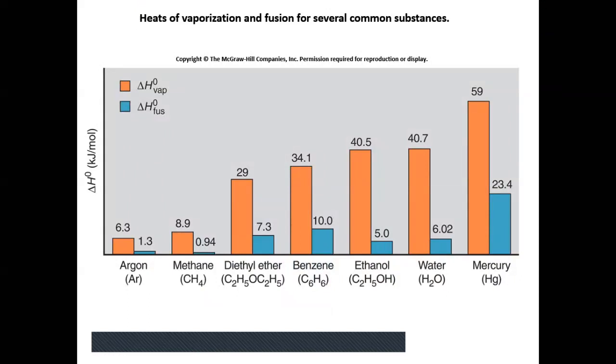That's because those types of substances have very strong attractive forces. Later on, we'll talk about what type of attractive forces they have. Now, mercury has very strong attractive forces because mercury is a metal, and that metal has very strong forces that hold those metallic atoms together.